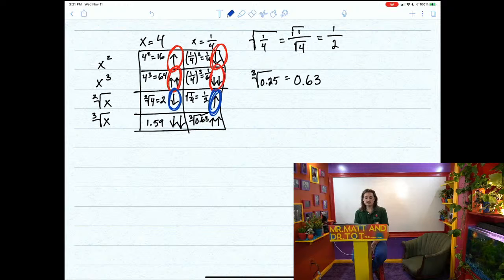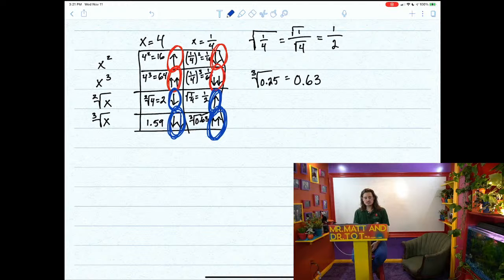And then if we increase the index to 3, so we're taking the cube root, those discrepancies are even more dramatic. So when x is greater than 1, it's really going to decrease. And when x is in between 0 and 1, it's really going to increase, at least relatively compared to when the index or exponent is equal to 2.